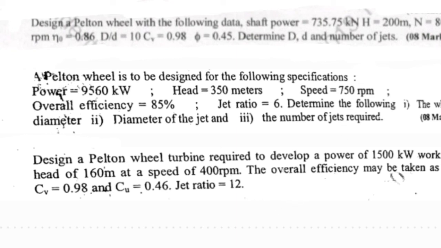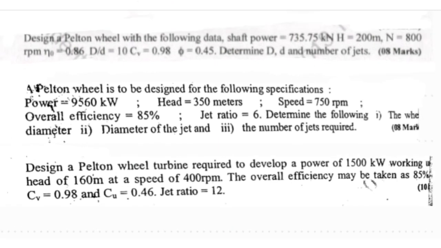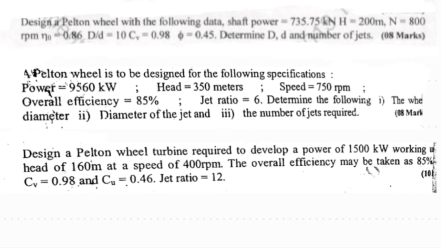In the second question the jet ratio is given as 6, and in the third question the jet ratio is equal to 12, that is nothing but D by d. They have also given coefficients, that is, coefficient of velocity and speed ratio. So by using all these things you can design the Pelton wheel. To solve this problem you can refer to problem number 62, in which we designed a Pelton wheel using the given data. So with this we have completed module 3.